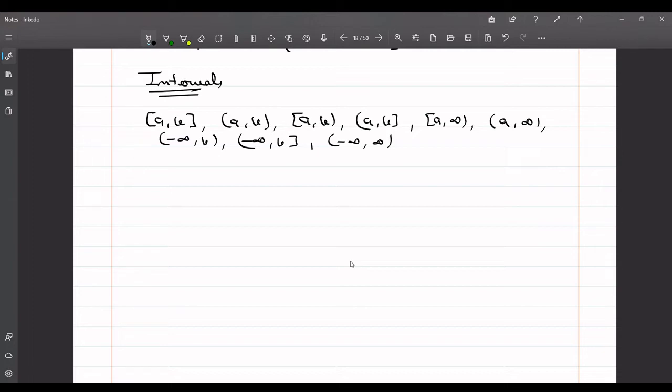Now we will be studying a very important definition of intervals, which we have not already studied in the concept of real analysis. This is a more generalized version of what intervals actually mean. See, the real line is basically a special case of studying metric spaces.